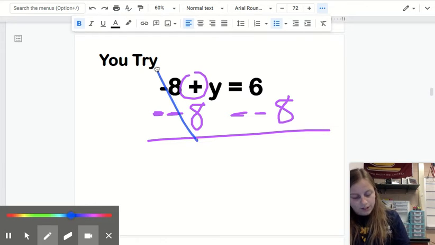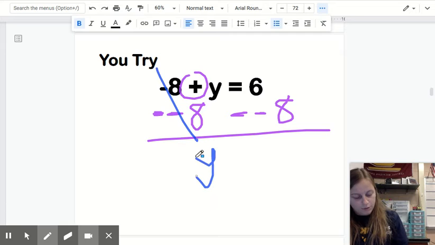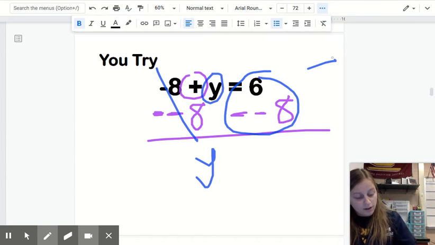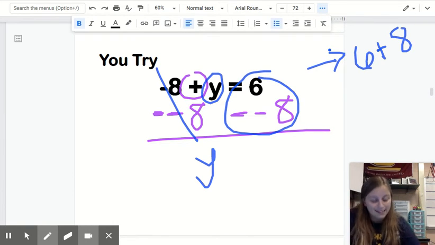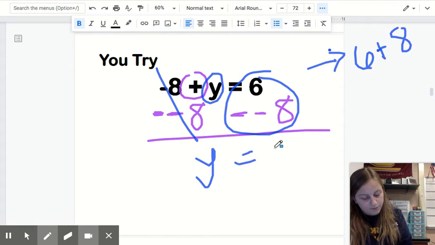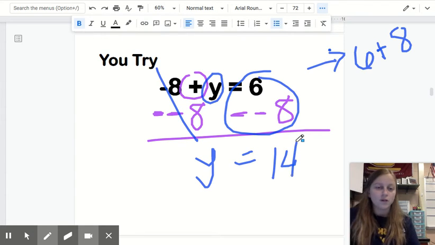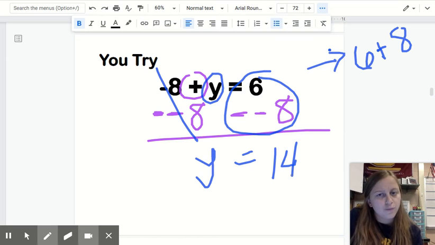My negative 8's over here cancel out, and I'm just left with my y. Over here, 6 minus negative 8, if I KFC that, that's the same thing as 6 plus 8. 6 plus 8 is going to give me 14. So y equals 14.